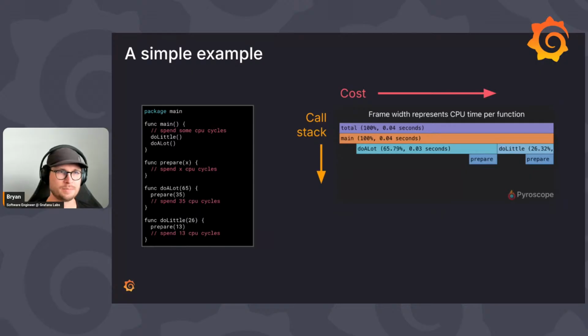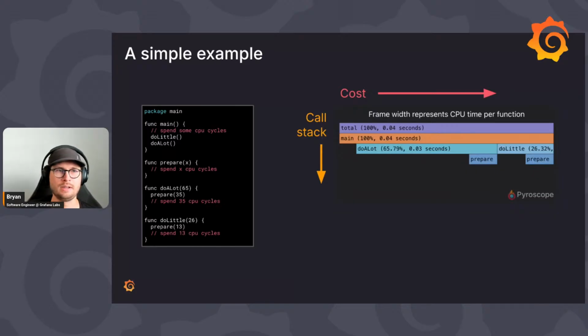Kind of tying this back to some code. On the left, we have some pseudocode, and on the right, we have a sample flame graph that represents that pseudocode. So we've profiled the pseudocode and we've produced a flame graph. Here you can see in the main function, our main loop calls 2 functions, do little and do a lot.